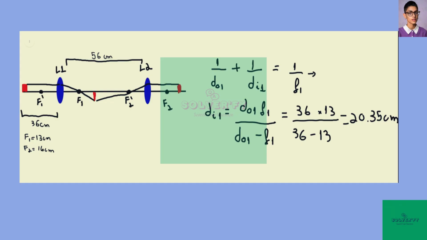Now we know the distance between lens 1 and lens 2, so the actual distance for lens 2 will be 56 minus 20.35. So considering this an object now, the object distance for lens 2, from here to here, is 56 minus 20.35, which is equal to 35.65 centimeters.